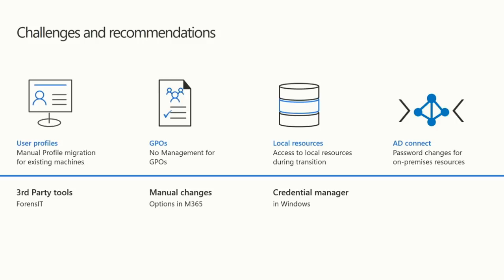With this solution, you have to look at that as a complete flip-flop, right? You want to take all of your online services, and that needs to be your single point of identity. You're logging in with that online service. You're accessing all your Office with that online service. You're using all those online services, and then you're going to use Credential Manager for any of the local resources that you have.